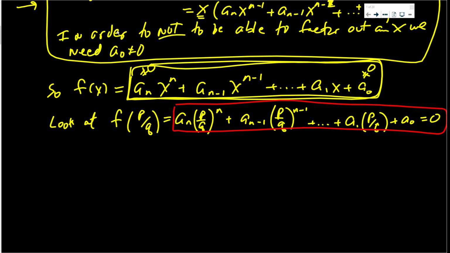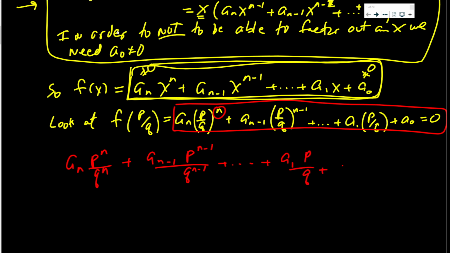We're just going to look at this for right now. I'm going to distribute the powers over p over q. So we get a sub n p to the n over q to the n, plus a sub n minus 1 p to the n minus 1 over q to the n minus 1, all the way down to a1 p over q plus a sub 0 equals 0.